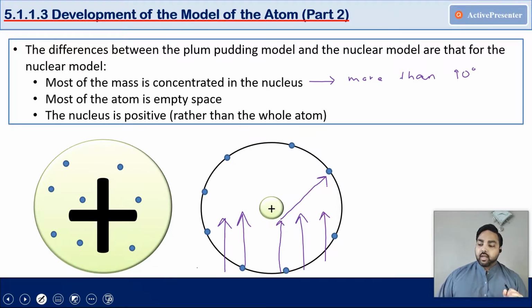Yeah. And those were the three key discoveries, and each one of the results, or each one of the alpha particles that I showed you in the diagram at the beginning, linked to one of the changes. So most of the empty space is because most of the particles went through.